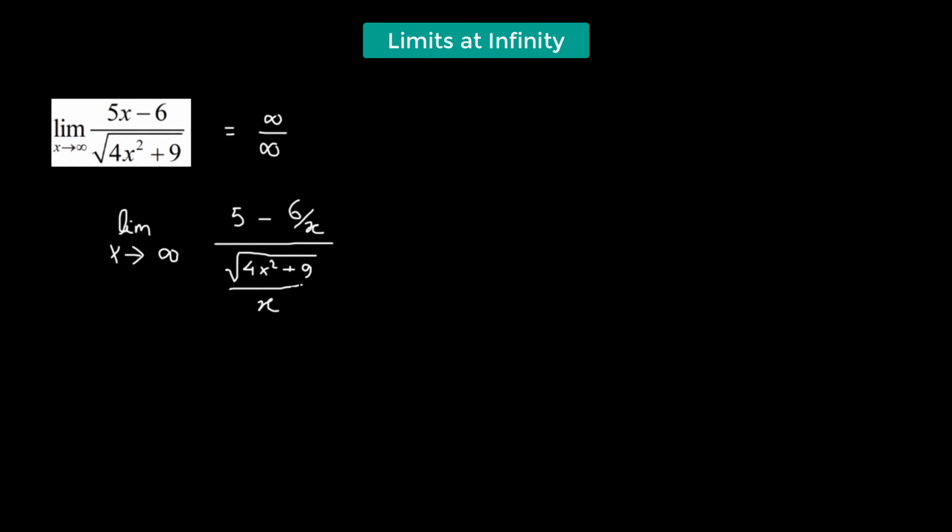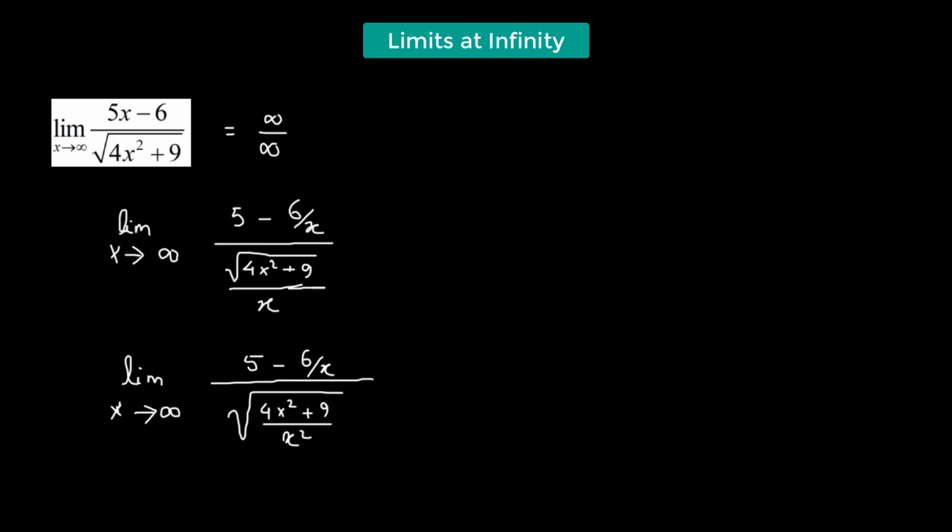Now we're going to take this x and put it inside the square root. So that will become the limit as x approaches infinity of 5 minus 6 over x divided by the square root of 4x squared plus 9 divided by, so x when it enters the square root will be x squared.